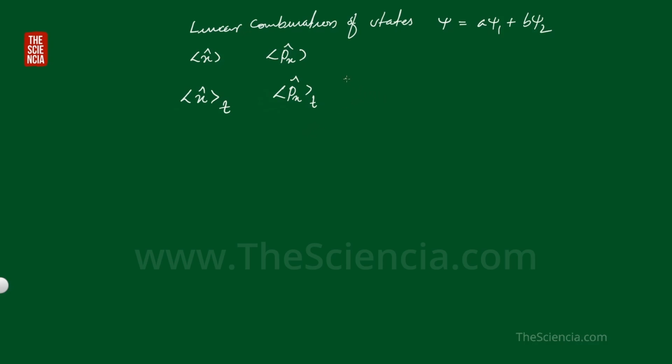So this is about time evolution. I want to know what will happen to the expectation value of position of this linear harmonic oscillator after time t, and what will happen to the expectation value of momentum after some time t. That is what we are going to solve.